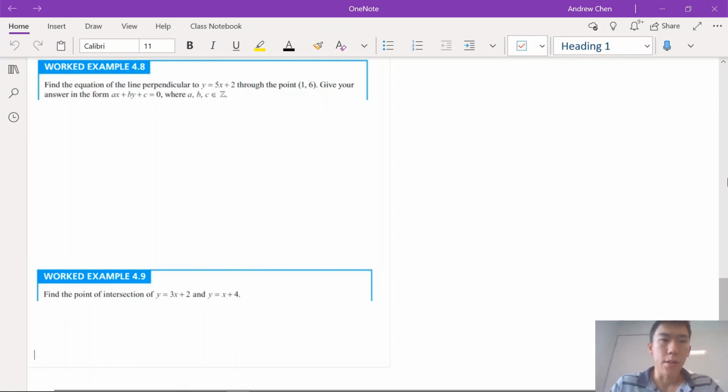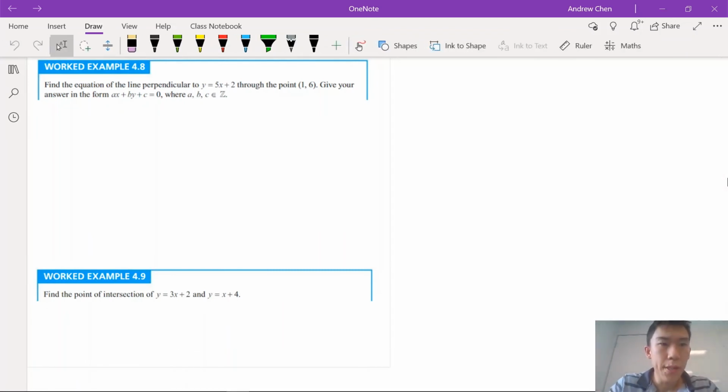Okay, let's have a look at 4.8 now. Find the equation of the line perpendicular to y equals 5x plus 2 through the point 1, 6. Give your answer in the form ax plus by plus c equals 0, where a, b, c are integers. So we're just trying to find a line that's perpendicular to y equals 5x plus 2. It has to pass through 1, 6, and we need to rearrange it after we find it.